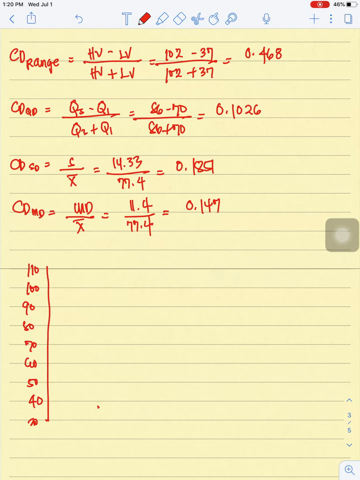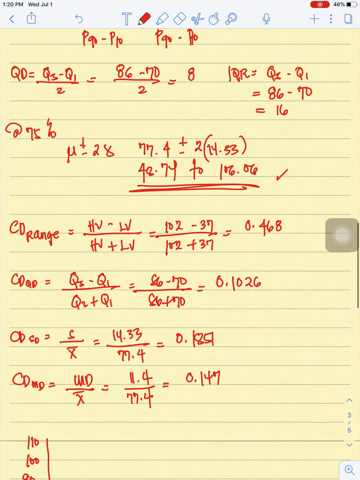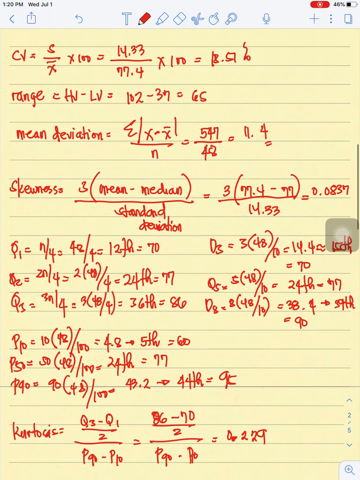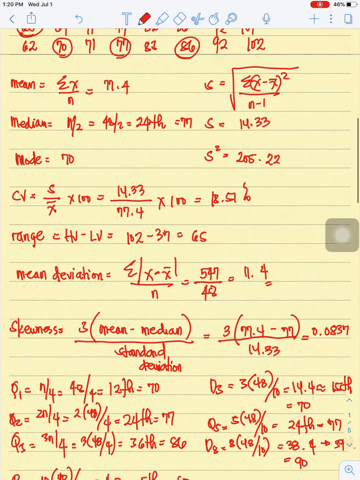So 37 is here. Then for our first quartile, we have 70. Okay, our Q1 is 70. Then for our median, what is our median? We have 77.